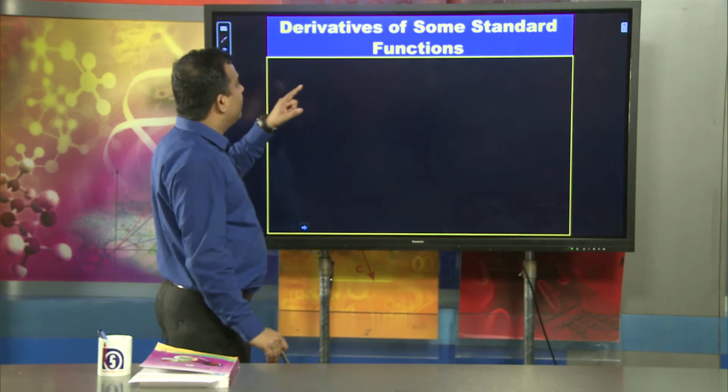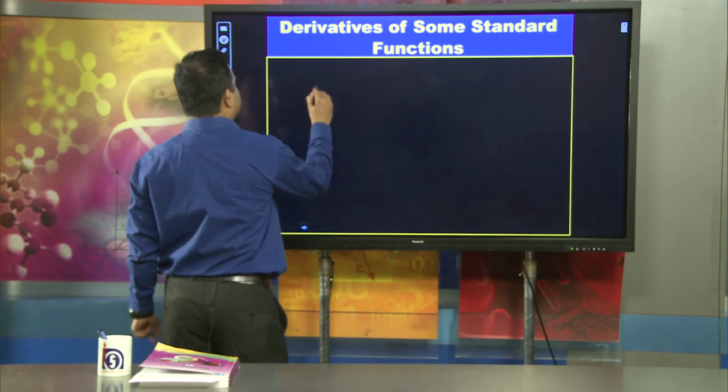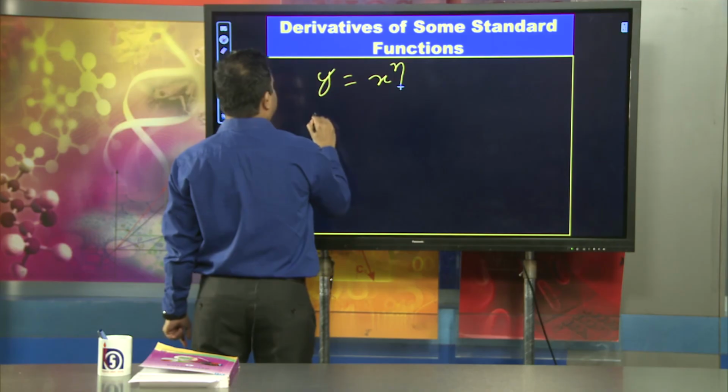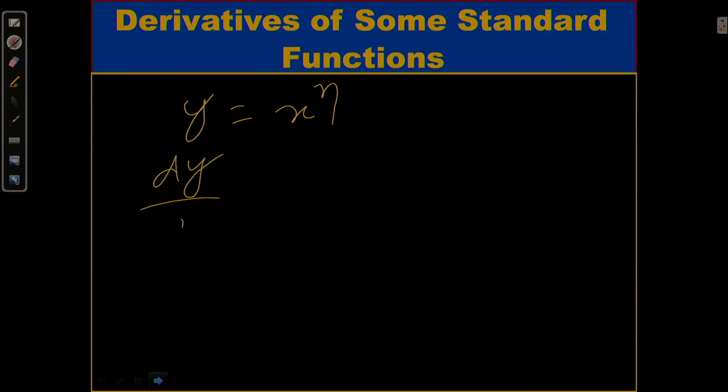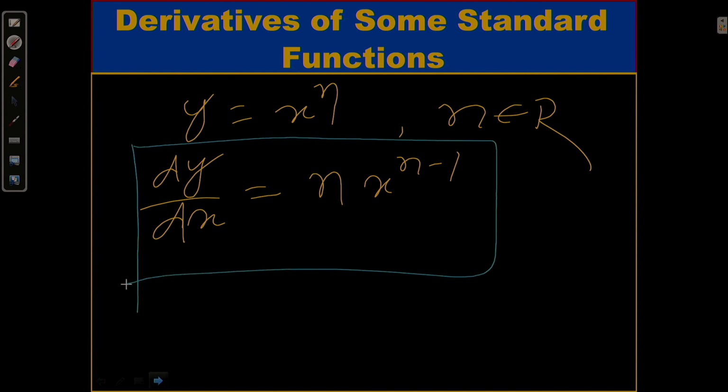When talking about standard functions, this is the standard function we have discussed. If y equals x raised to the power n, then dy by dx equals n into x raised to the power n minus 1, where n is an element of R. This is known as the standard formula of derivatives.